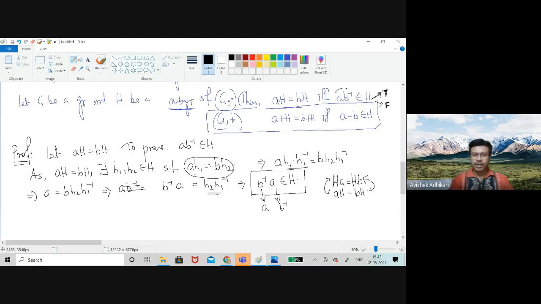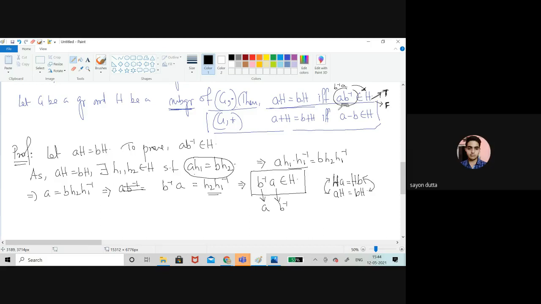So if this is b inverse a, then you have no problem, right? But a b inverse, will that be fine? Will this statement be true or false? According to you, it is false. Now the question is, you need to give me some example. Is it clear to all of you?